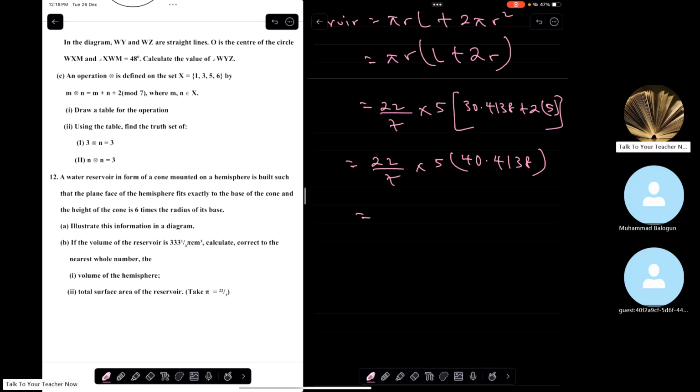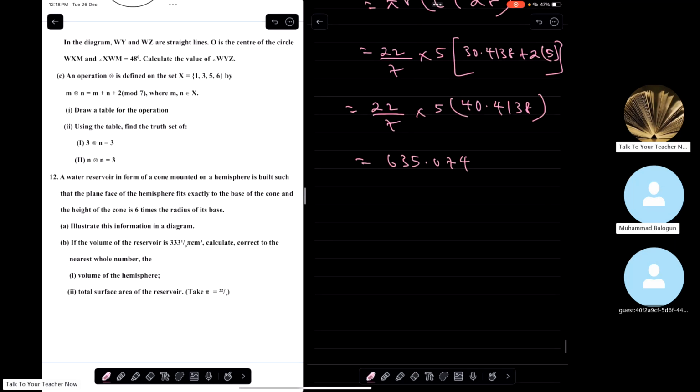That is 635.074. Say that again. 635.074. Is it exactly 0.074? Yes, sir. And what was the degree of accuracy? They said we should leave our answer correct to the nearest whole number. And what is it? That is 635 centimeters squared, mind you, it's an area.